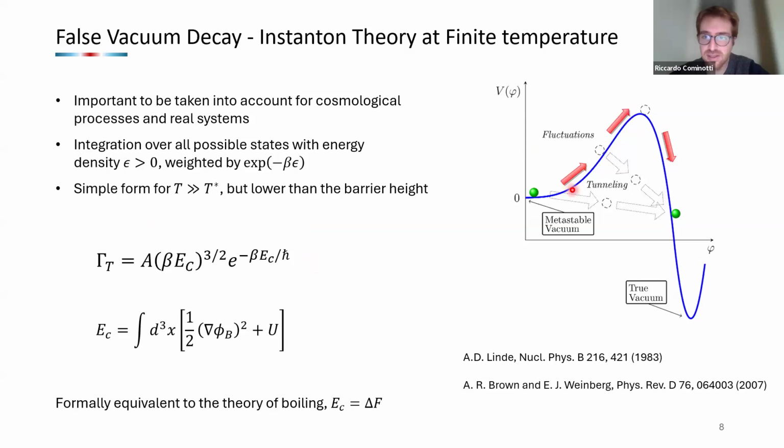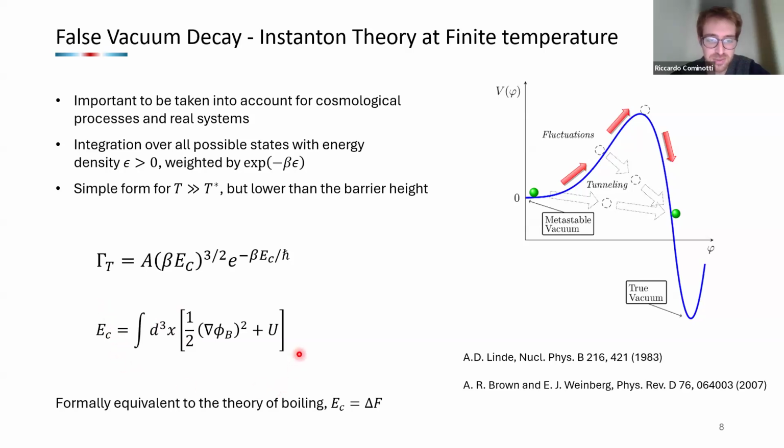And if we take into account this situation, what it turns out is that the decay rate can be modified. It has this simple form where we basically substituted the time integration with a Boltzmann factor, which depends on temperature. And the action is now the three-dimensional integral in space, which directly gives the energy of the barrier.